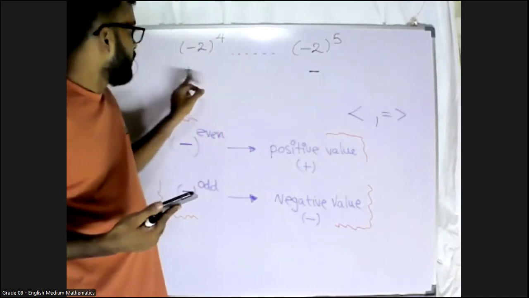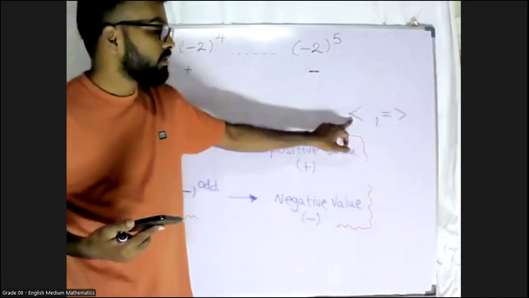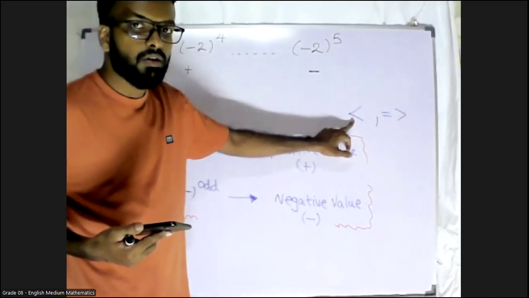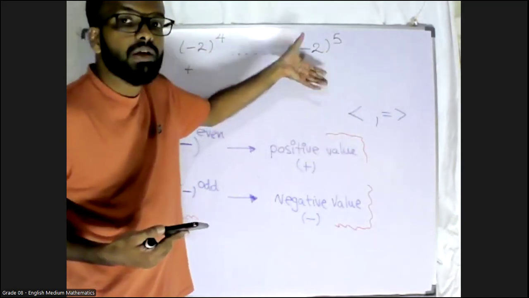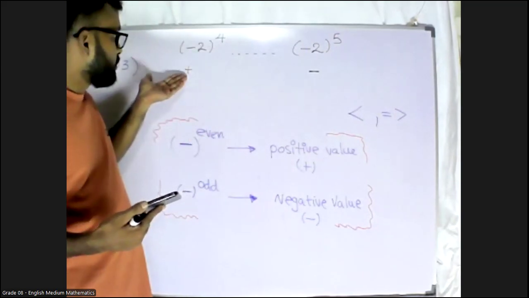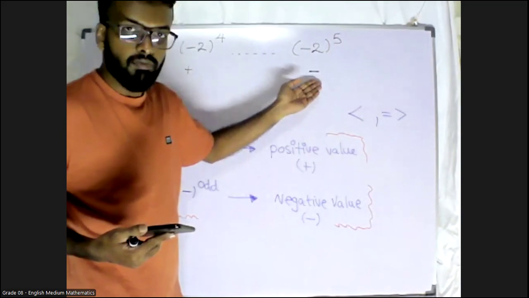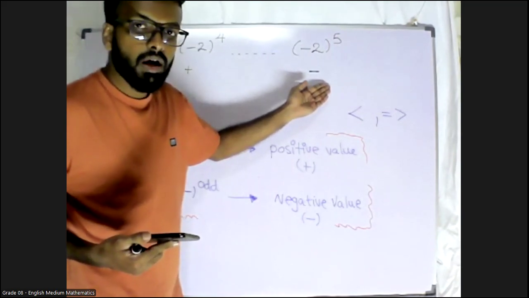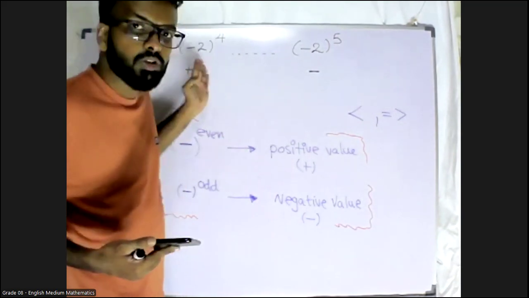So by looking at this and this, you can decide what side should be bigger and what side should be smaller. This is a positive value, this is a negative value. Definitely negative values are smaller than the positive values.